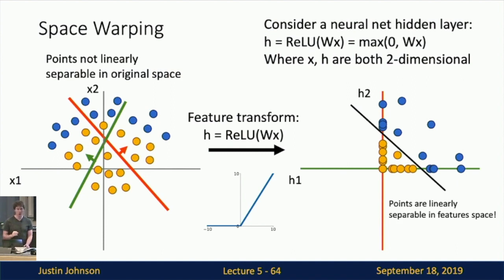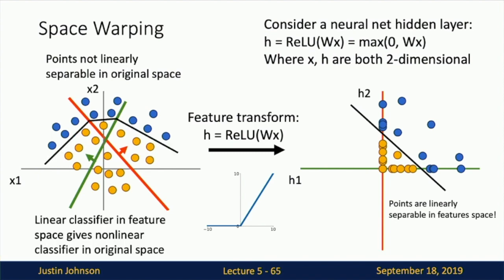In particular, if we were to train a linear model on top of this feature space h, we would be able to properly separate the blue and the yellow points. And if we imagined porting this decision boundary from the output feature space back into the input space, we would see that the decision boundary now corresponds to some nonlinear decision boundary in the input feature space.